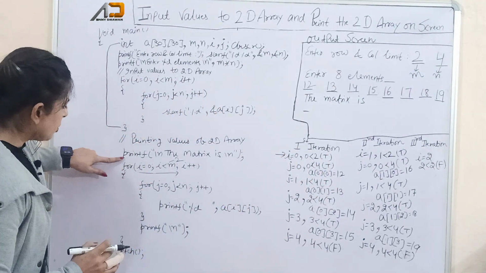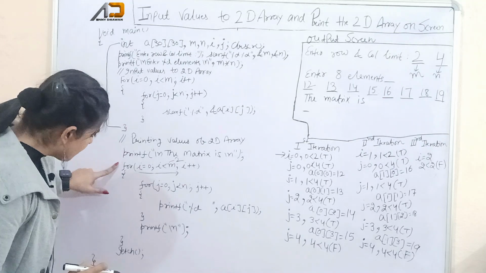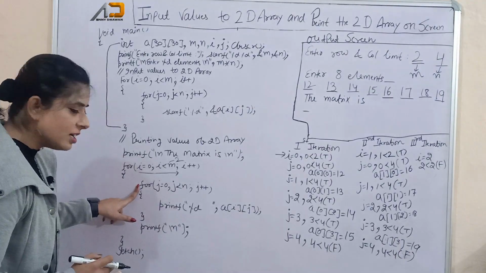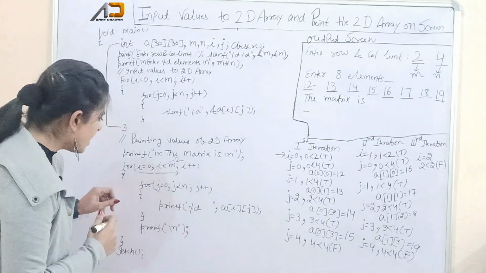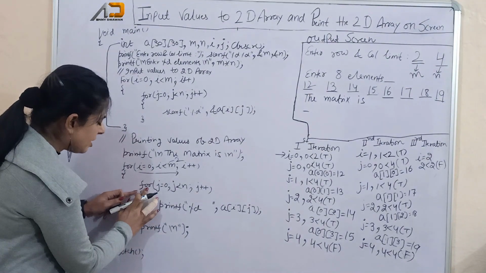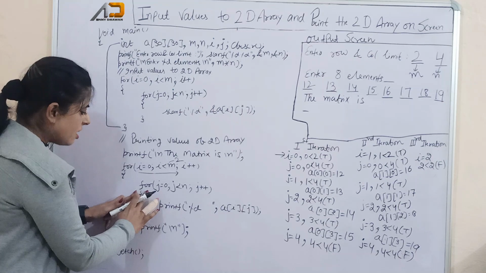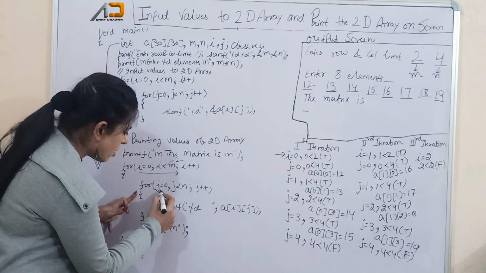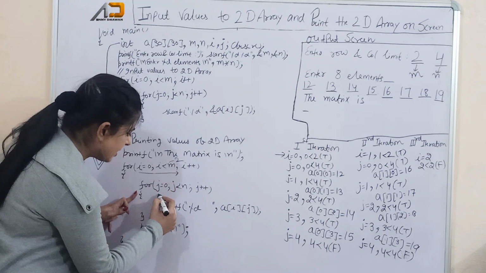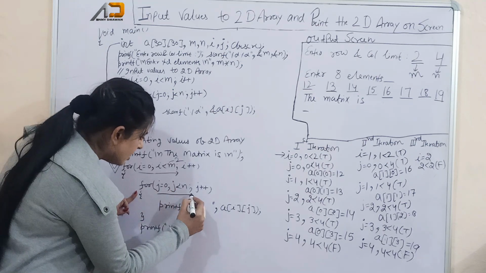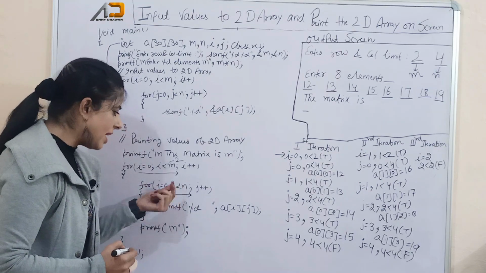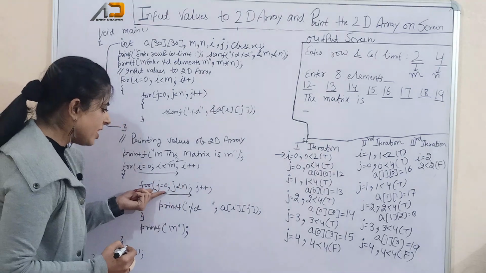So the control will enter the loop body for the further execution. And what is the next statement here? It is again a for loop, and again for loop starts its execution from this initialization part and continues until it encounters the conditional part. And what will be the j value here?